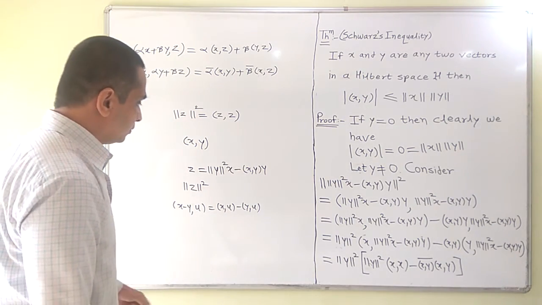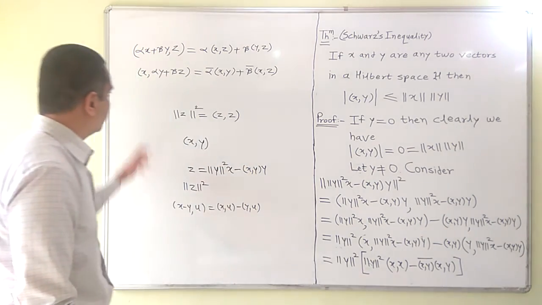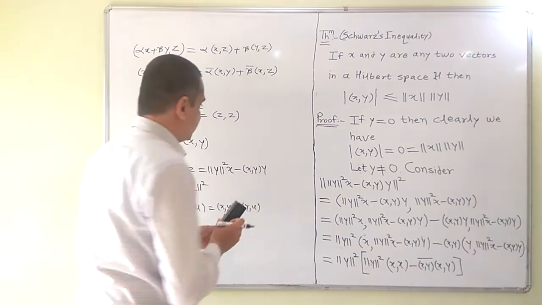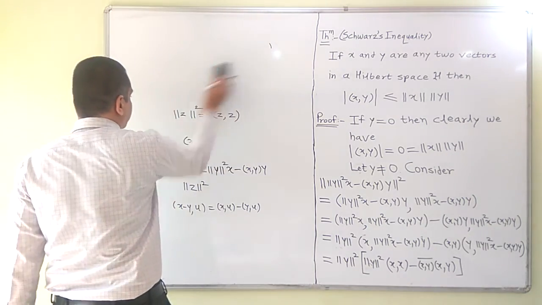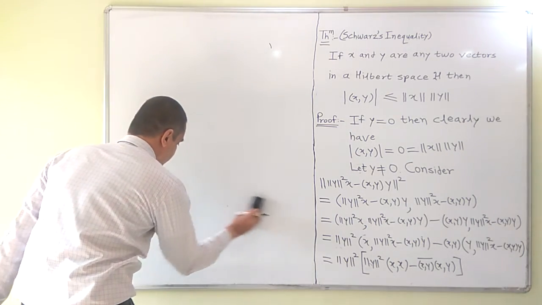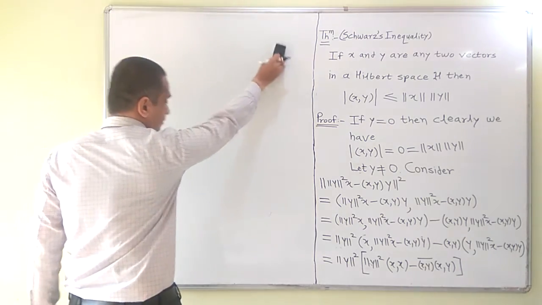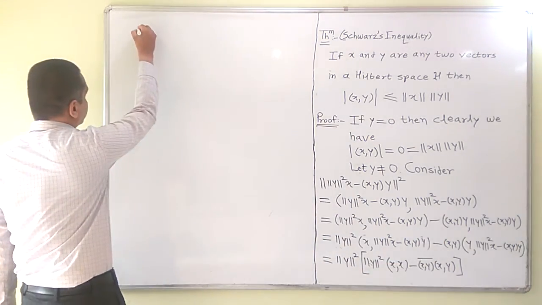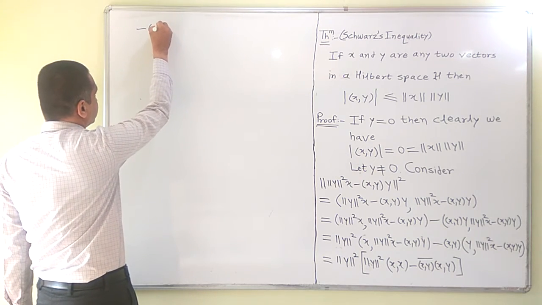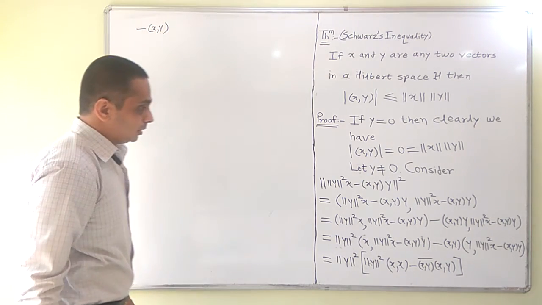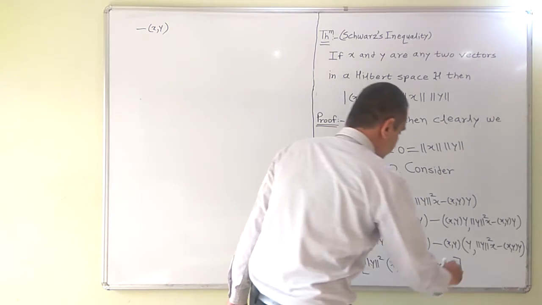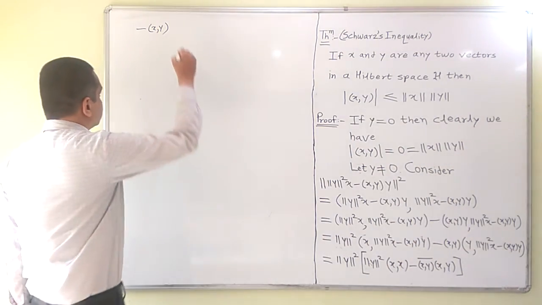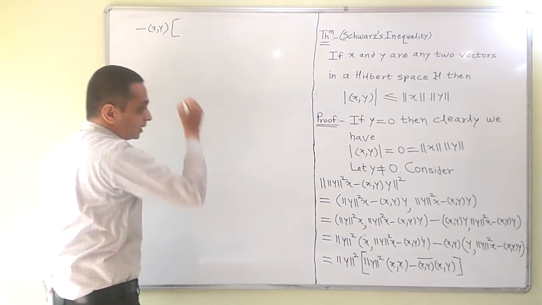Let me continue this step over here. So the next step in the simplification will be minus xy as it is, inner product of y and xy, not inner product of y and xy.